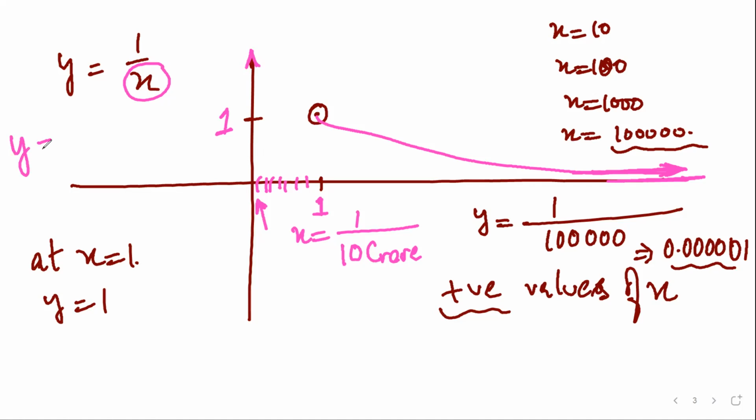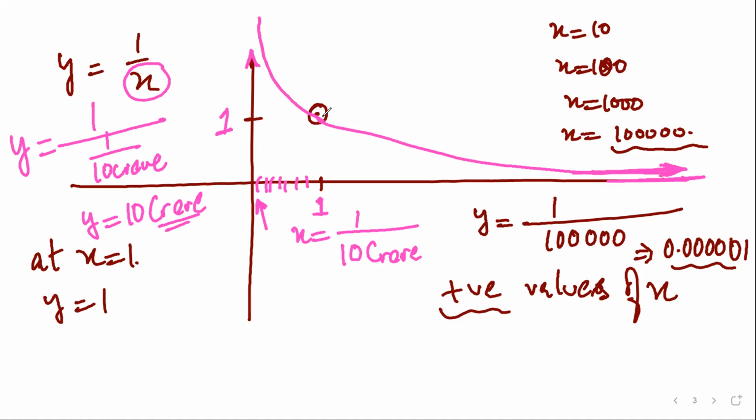But now if you look at the value of y, this would be 1 upon 1 upon 10 crore. Have you understood what I've said? And y has become 10 crore. Have you understood what I've said? If you have understood what I've said, then the graph would look something like this.